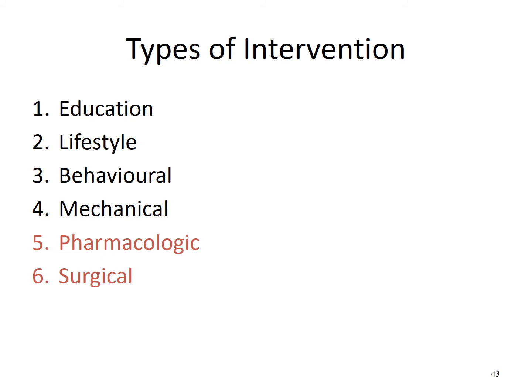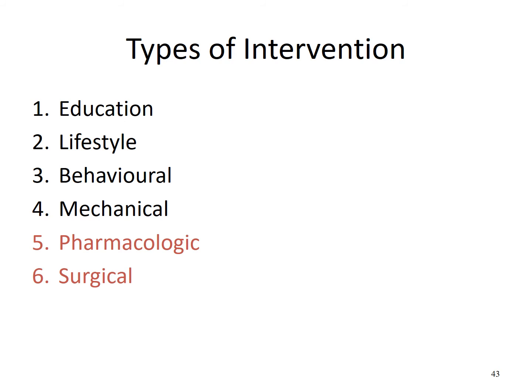We have them numbered because we do want to start with education. Patients can make a lot of changes when they understand what's causing the condition. For example, avoiding dehydrating themselves, avoiding that concentrated urine. So educating them, that can resolve much of their complaints related to lower urinary tract symptoms.